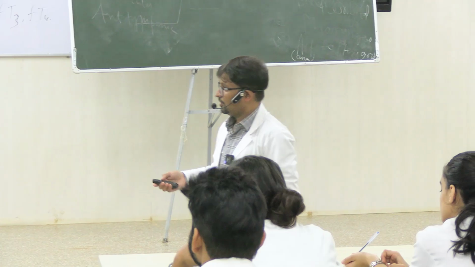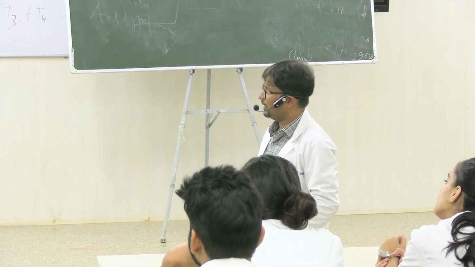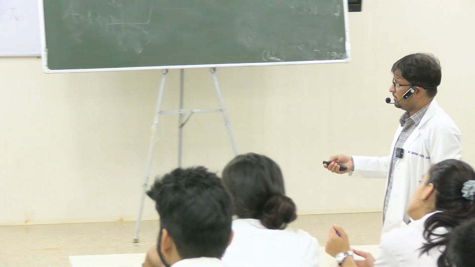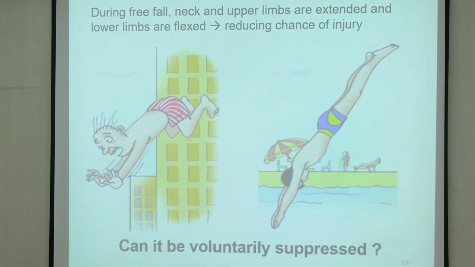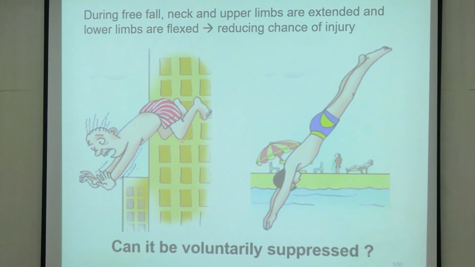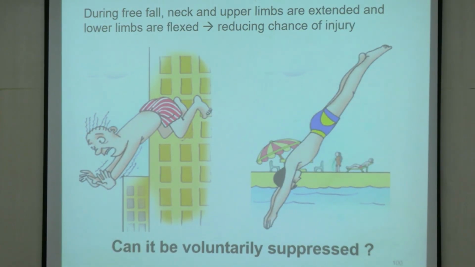Now a similar scenario is when a person is diving, right? Do you see the similarity? Here also you find a loss of proper inclination, and an accidental fall and a dive are almost the same. Here you do not find this particular posture, right?